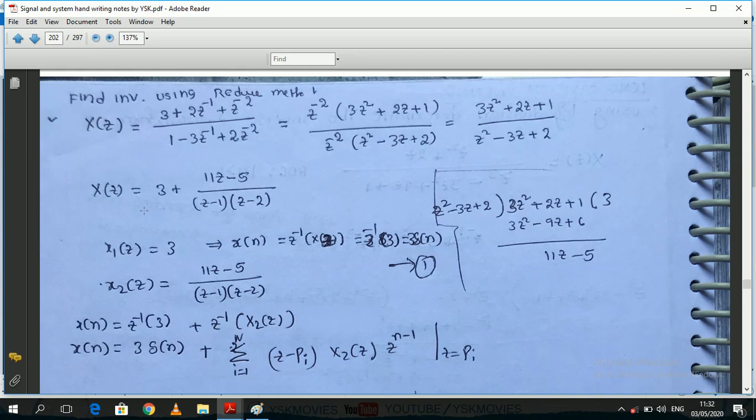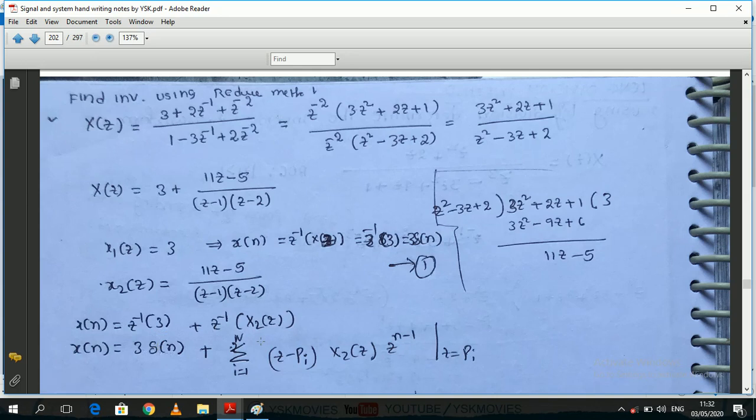You are applying the inverse Z transform for this sequence and this sequence. I can already find 3, and now we go for the other expression. So x of n is Z inverse of 3 plus Z inverse of X2 of z. We know Z inverse of 3 is nothing but 3 into del of n.